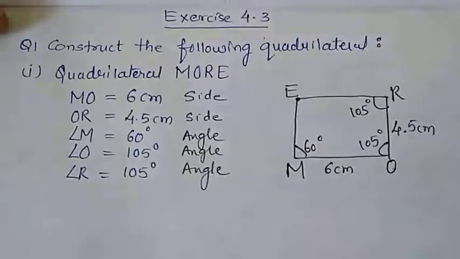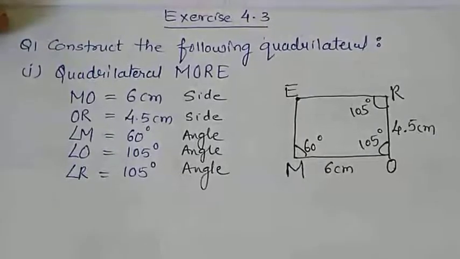Using this measurement we need to draw. 5 elements must be required for construction of any quadrilateral. So 2 sides and 3 angles they have given. Using this we need to construct a quadrilateral MORE.